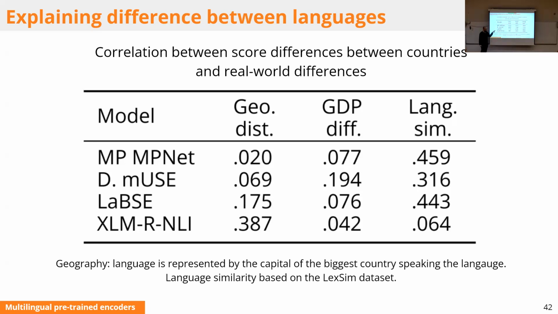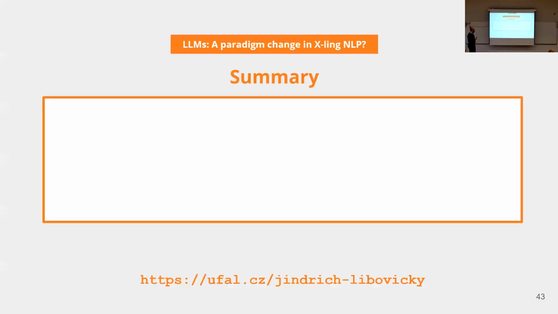For this model that only uses the monolingual data, the most explaining feature was geographical distance, but it's tricky how to compute a geographical distance. The arbitrary method that I decided to use was that I measured the distance between capitals of the biggest country speaking the language. And that's it.